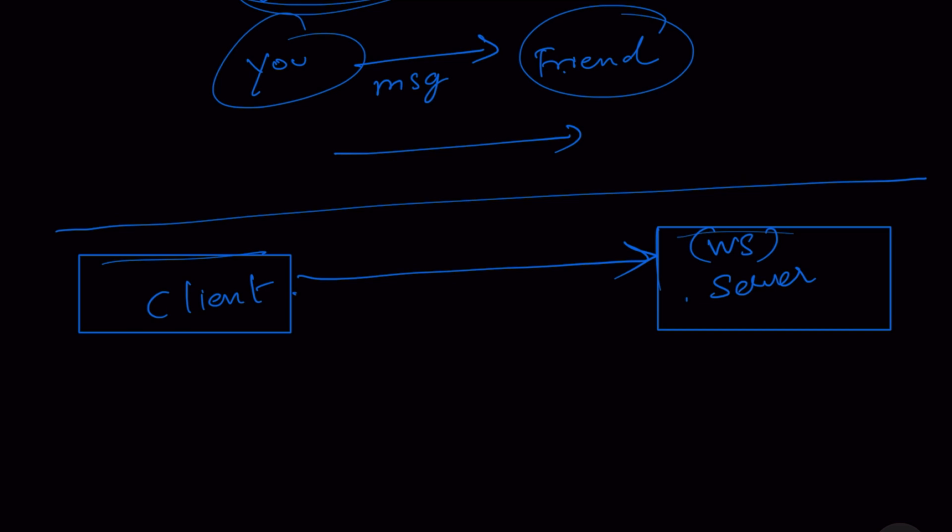For that, WebSocket uses an HTTP or HTTPS protocol to do a handshake, meaning they make a connection between these two, and then the client tells the server, see, I need this handshake with you because I need a WebSocket protocol.